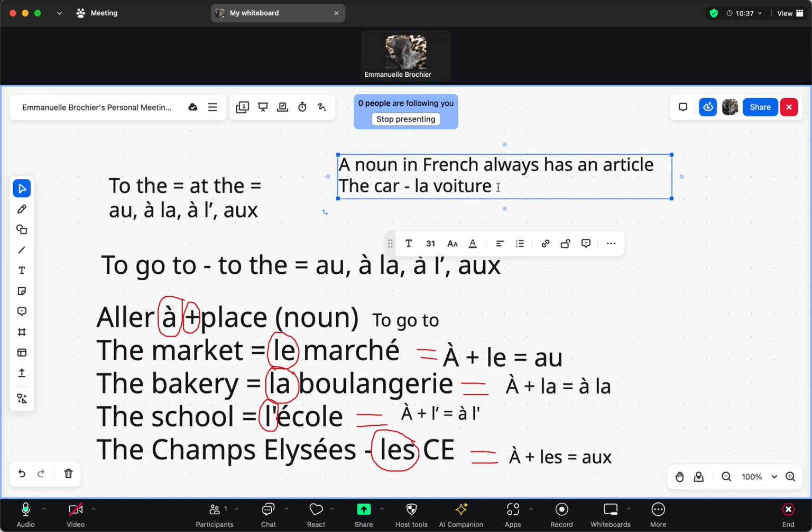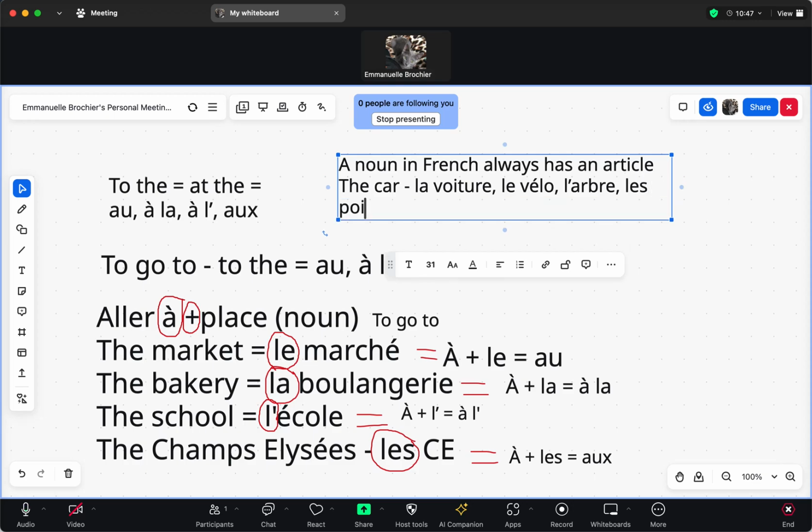So we have la voiture, le vélo, the bicycle, l'arbre, the tree, and les poissons, the fish. We always have la, le, l'apostrophe or les. I repeat, l'apostrophe is for a noun starting with a vowel or the letter H.